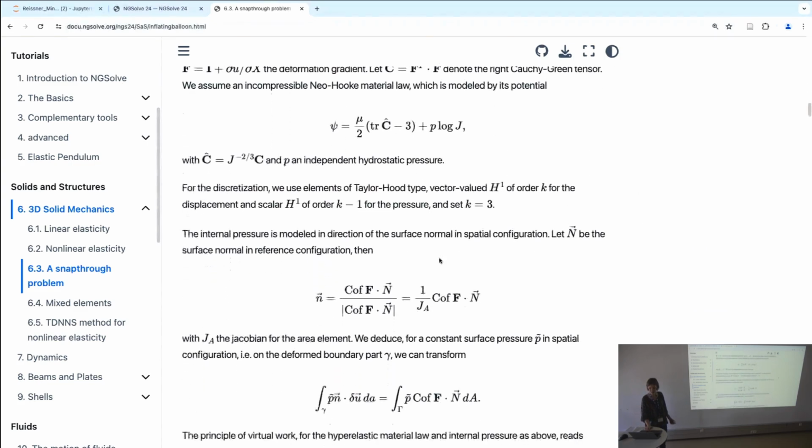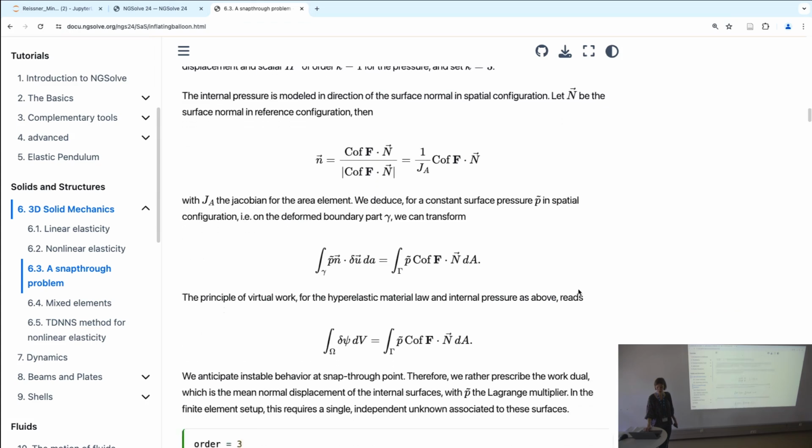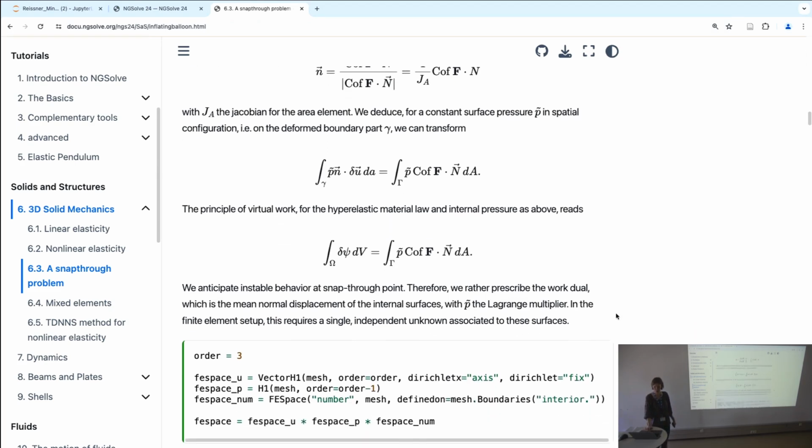So we need a transformation of the surface normal from the reference configuration to the deformed configuration. And you can do this formula in NGSolve, you see it below. Also, you need maybe to scale the volume integrals from reference to deformed configurations.